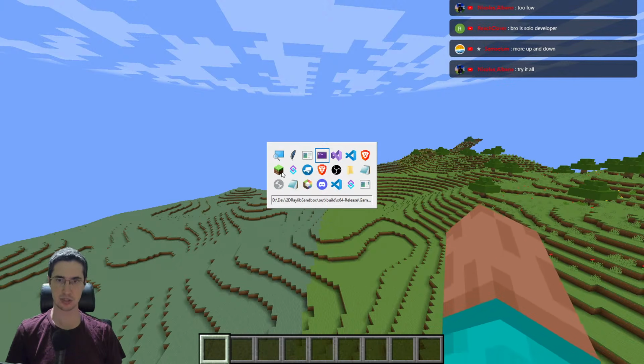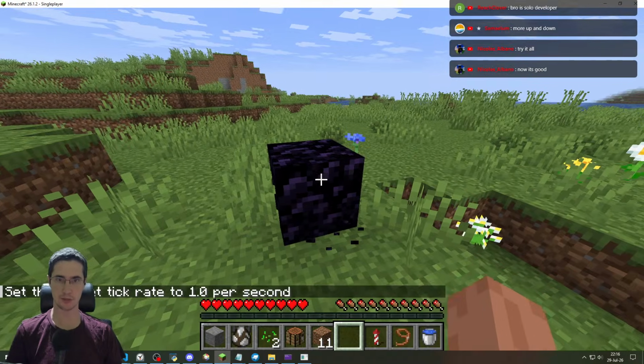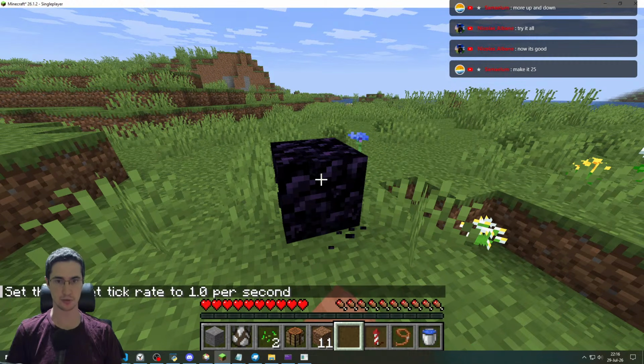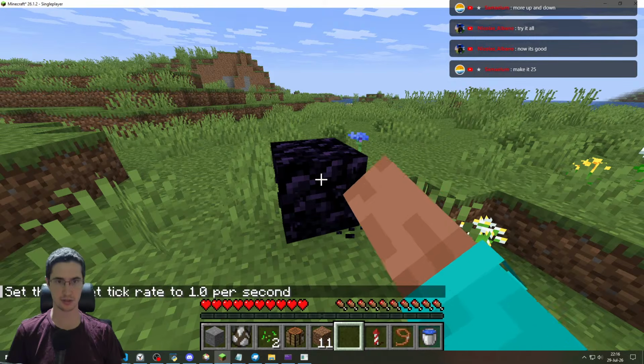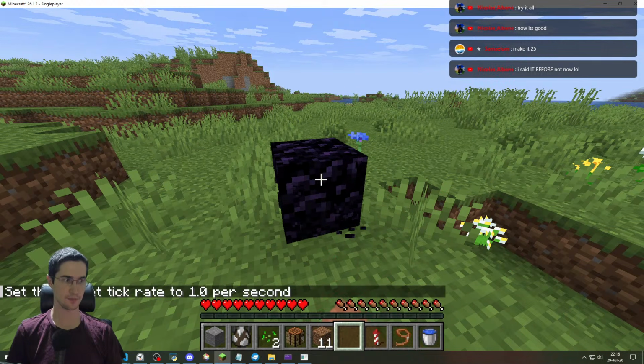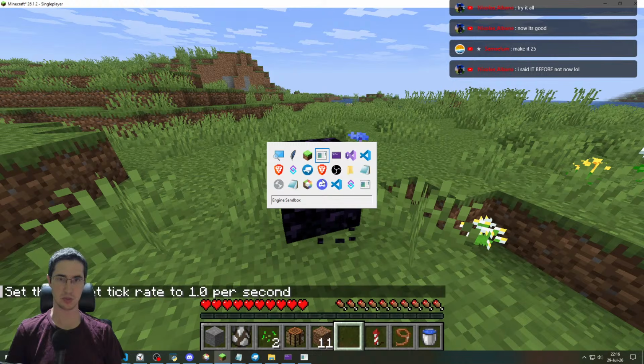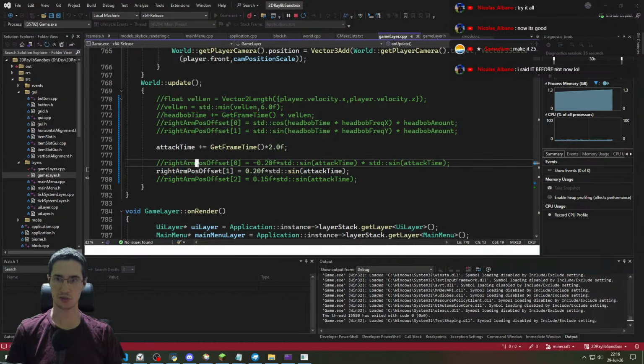The Minecraft animation goes very low, chat. Like it almost disappears. Look at this, chat. It's good enough. Ah, now it's good. Okay. Make it 25. We'll see. I'll leave it like this.